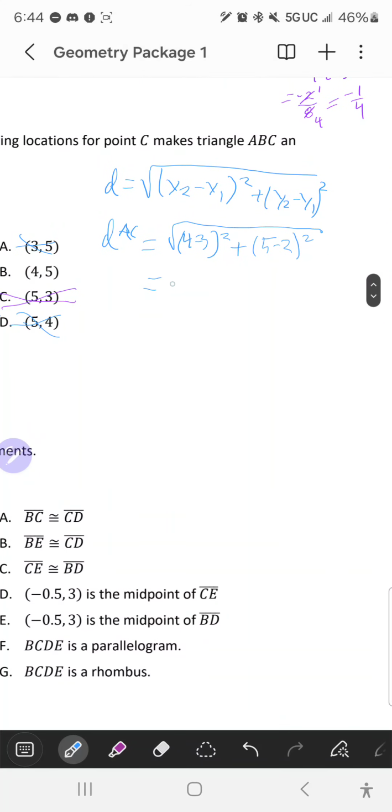So this is just 1 squared plus 5 minus 2 is 3, so 3 squared. So 1 squared is just 1, and 3 squared is 9, 3 times 3 is 9. And this is equal to the square root of 10.